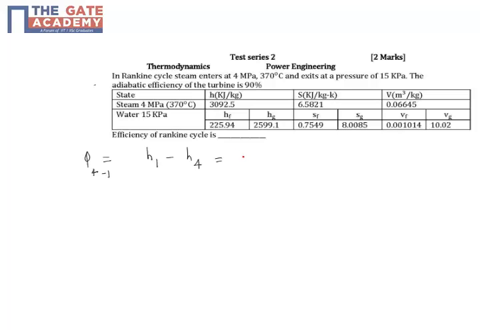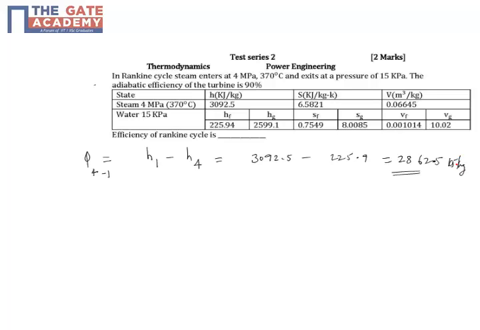H1 is 3092.5 and H4 is 225.9, so this value comes out to be 2862.5 kilojoules per kg.